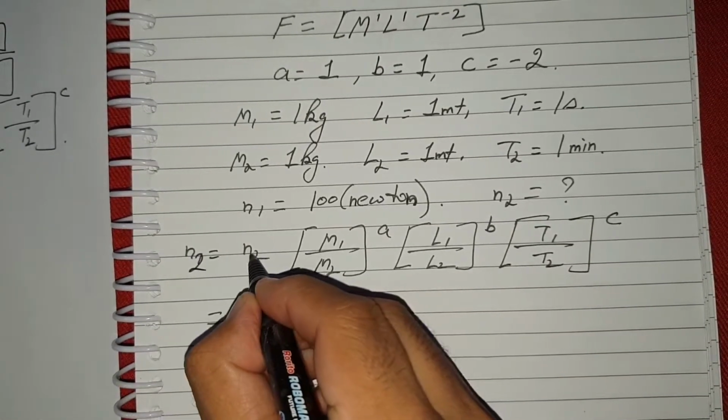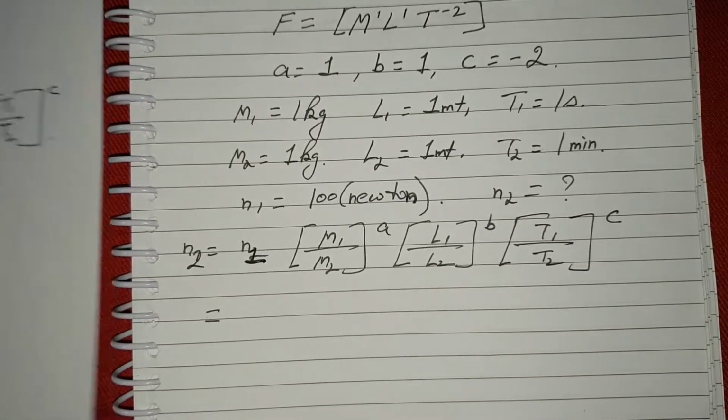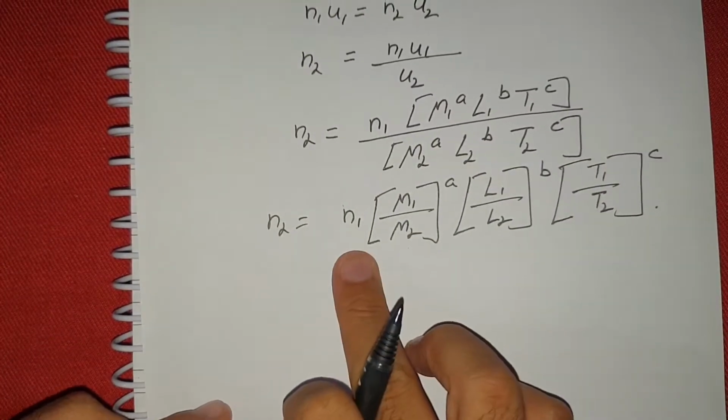N2 equals N1 times this. There's the formula.